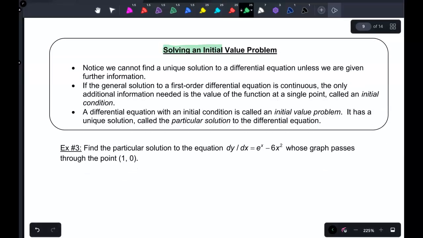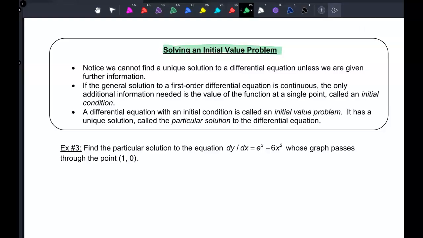Okay, how are we going to do that? These are nice and fun. We're literally doing the same thing, it just looks different and we call it something different. We call this solving an initial value problem or finding the exact solution or a particular solution to the differential equation.